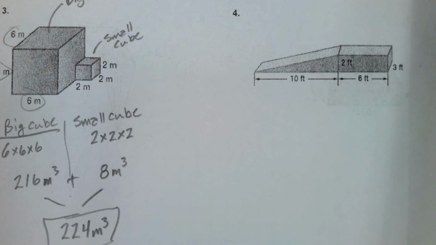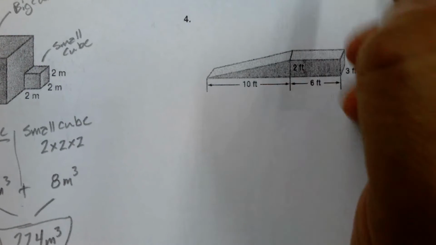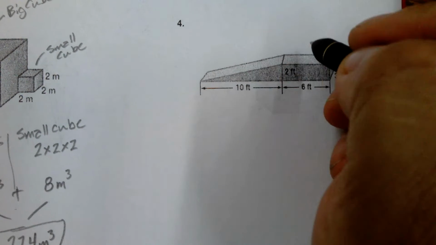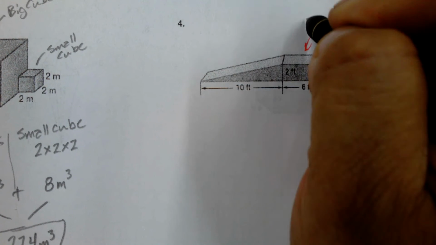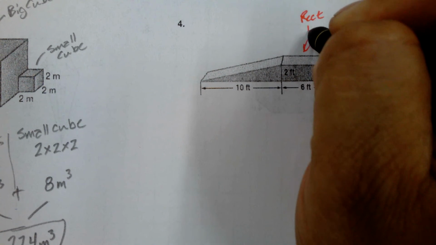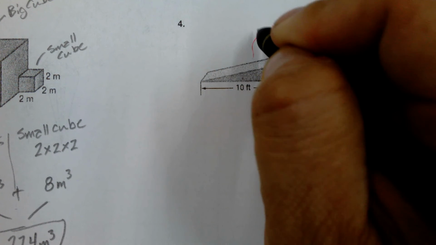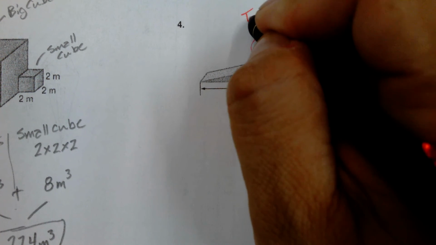I'm going to help you out, give you some hints for number 4. So for number 4, we have a rectangular prism and a triangular prism.